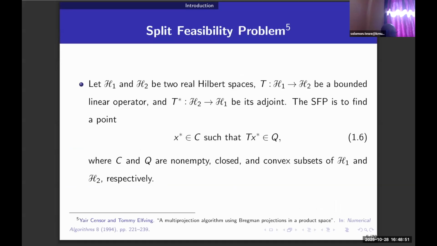The other problem we consider is the split feasibility problem, which is a problem of finding a point x star which belongs to the non-empty closed convex set C, a subset of the real Hilbert space H1, such that its image under the bounded linear operator A belongs to another set Q, a non-empty closed convex subset of H2.